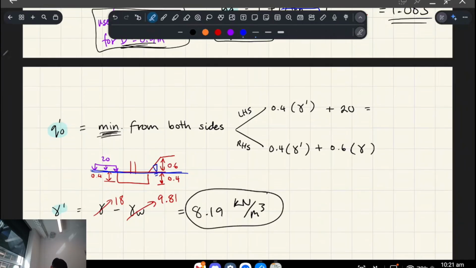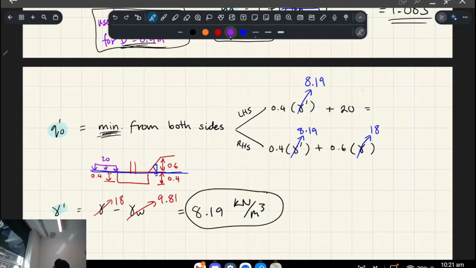Okay, and so whenever you have submerged soil, for drained analysis, we're going to use this number. Okay, and then whenever it's not submerged, right? So this top 0.6 meters on the right hand side is not submerged. We're going to take the entire 18 for our unit weight. Okay.